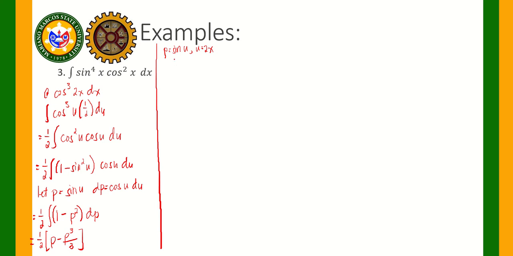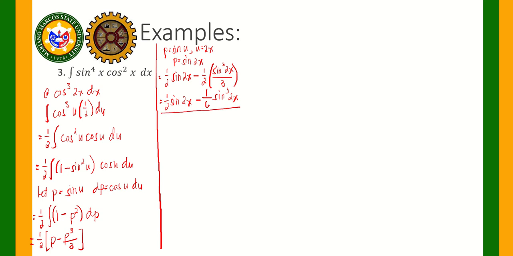Therefore, si P natin is equal to sine 2x. So, this will be equal to 1/2 P, which is sine 2x, and then minus 1/2 times P cube, which is sine cube 2x all over 3. So simplifying further, this will be equal to 1/2 sine 2x minus 1 over 6 sine cube 2x.